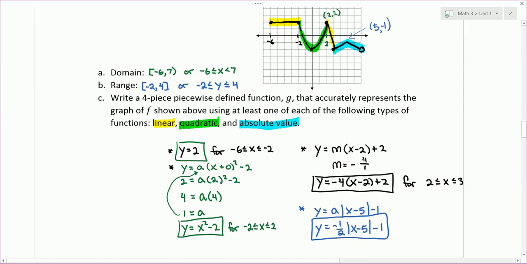And then our absolute value is true from 3 all the way over to 7, but 7 we don't include. So that's true for x between 3 and 7.